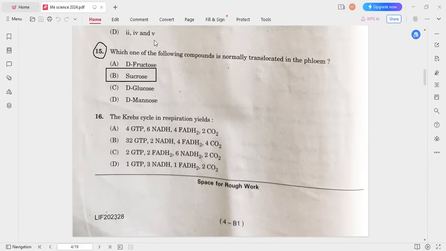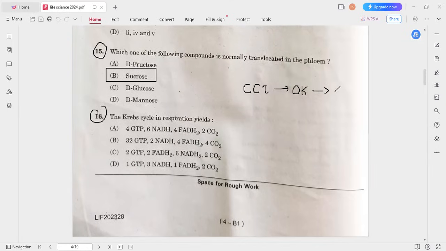Okay, so now move on to the next question, that is question number 16. The Krebs cycle in respiration yields. So here the question is about the energetics of the Krebs cycle. Usually when it comes to the Krebs cycle, the components are citrate, cis-aconitase, isocitrate, oxaloacetate, alpha ketoglutarate.